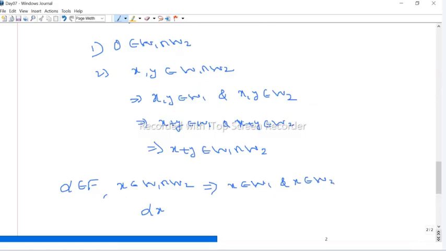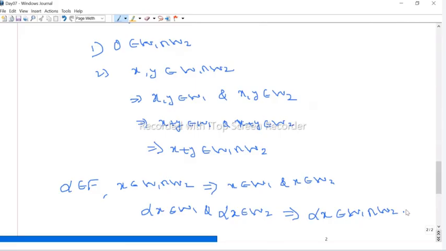Since W1 is a subspace, alpha times x should be in W1. And again, x is in W2, W2 is a subspace, therefore alpha times x also belongs to W2. So the scalar multiple alpha times x belongs to W1 intersection W2. Therefore, the intersection of two subspaces is always a subspace.